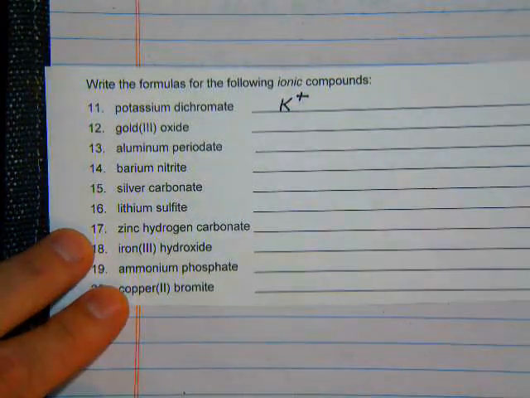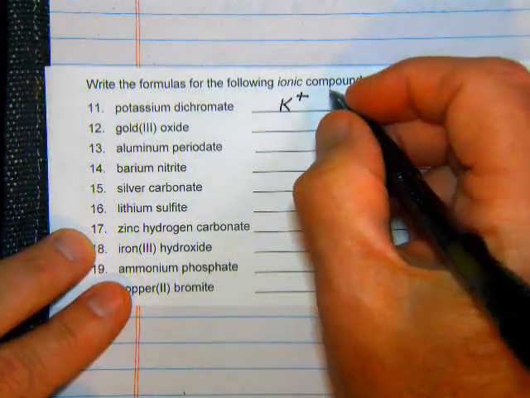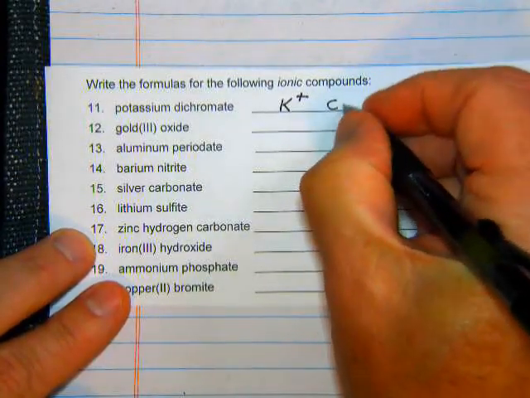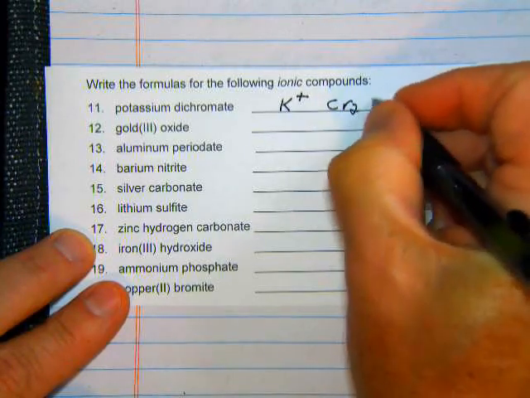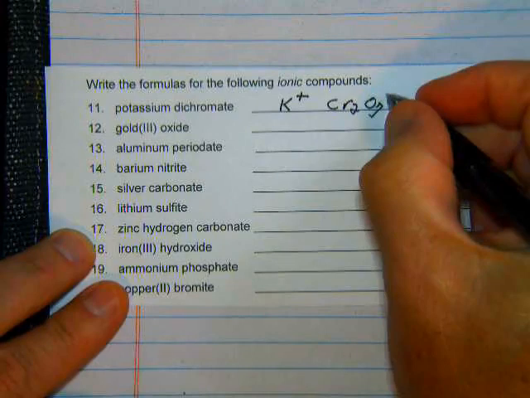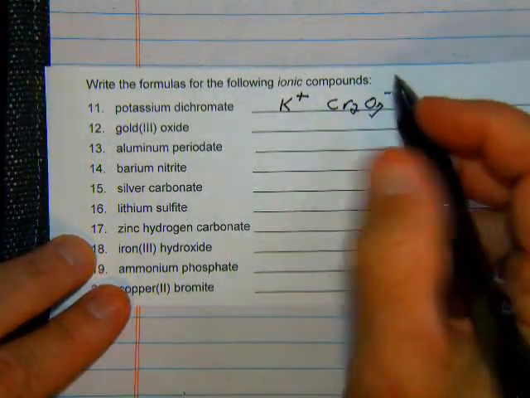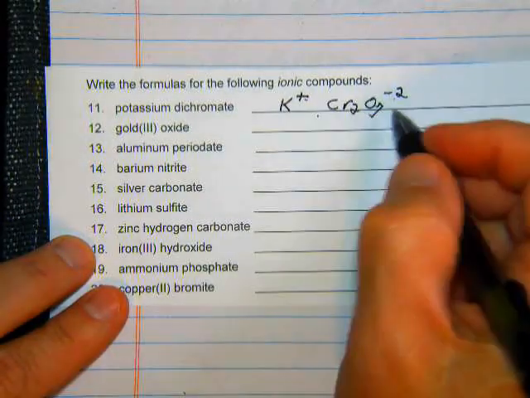And Cr2O7 is the dichromate, and that has a -2 charge. So now to write the appropriate formula, you would swap and drop.